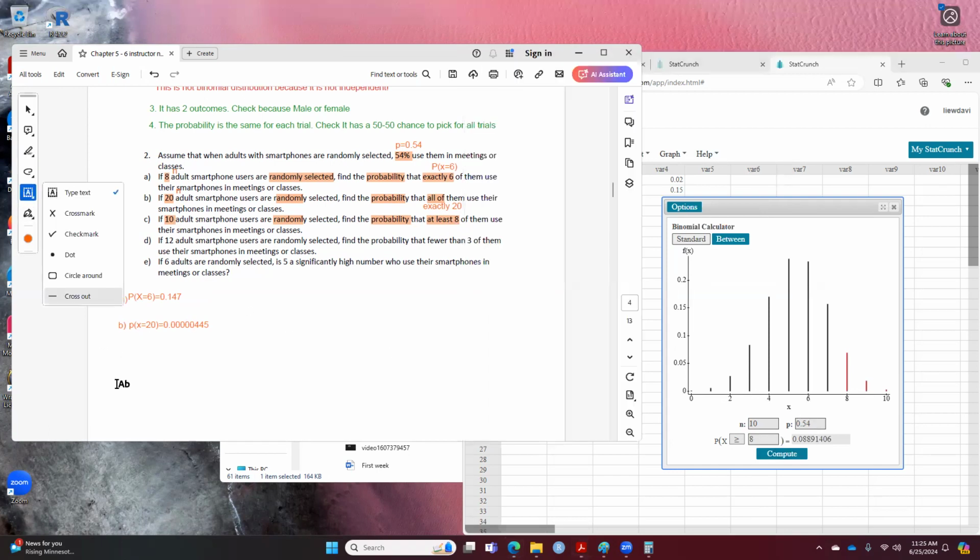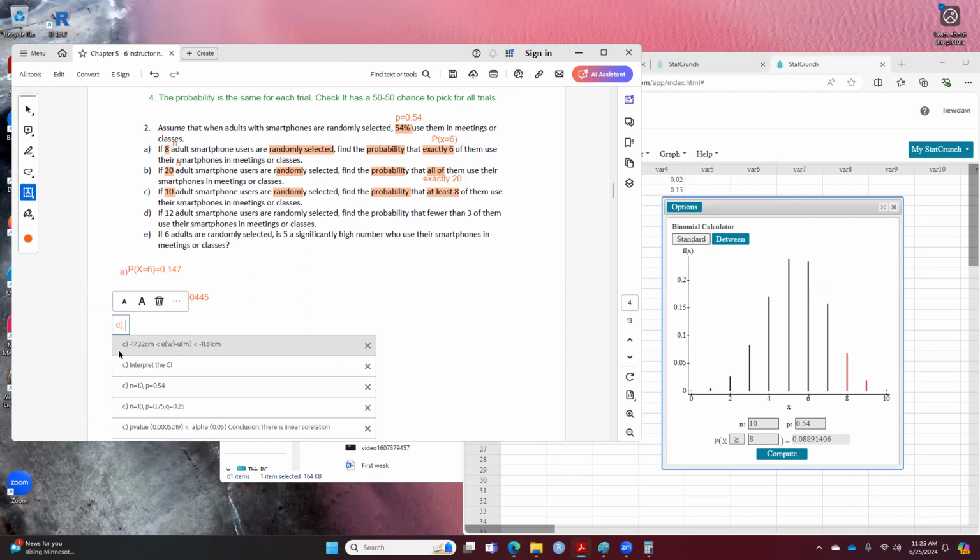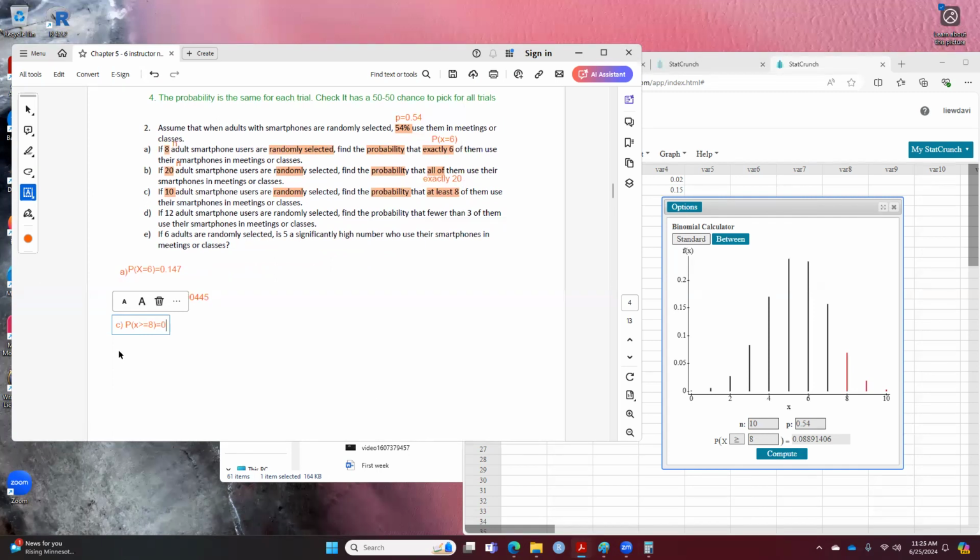In order for you to do that, again, I need the last line in your StatCrunch: P(X is greater than or equal to 8). Again, I don't have the greater-than-or-equal symbol here. This is 0.089. Again, it depends on how many decimal places you want to round, and also make sure you read the question really carefully in your homework and your test. Especially your homework. If they want 3, make sure you round to 3.